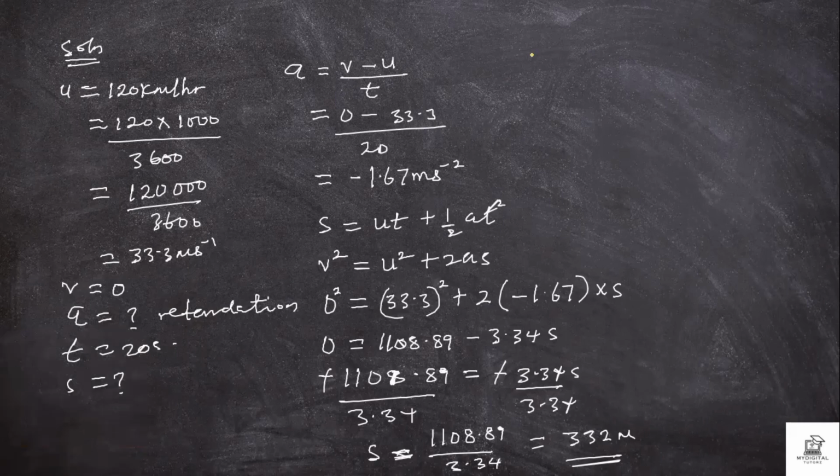You can as well use the second formula to test whether we get the same answer. s is equal to ut plus half at squared.